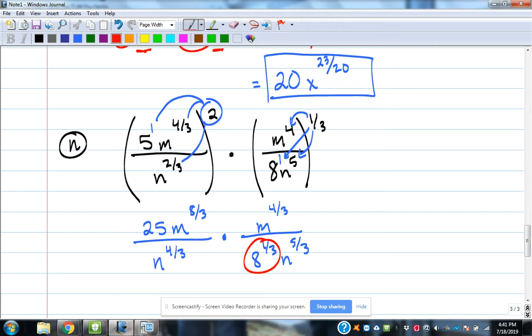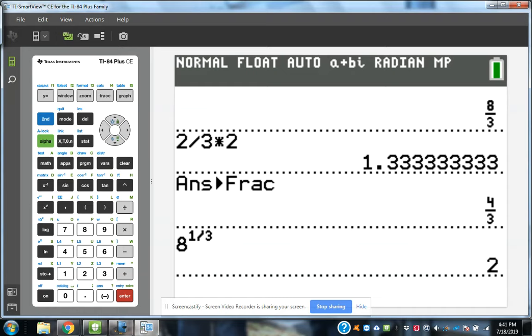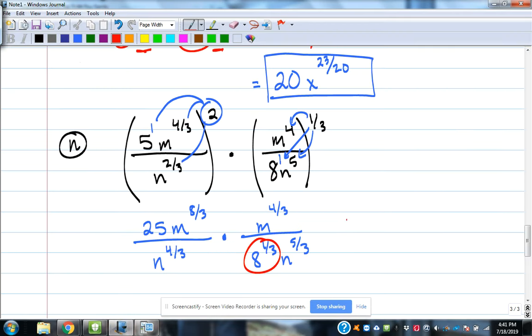But because it's a different number, I need to just go ahead and simplify 8 to the 1/3. I think it works out nice. So I just check it with my calculator, and it does. It works out to be 2, because 8 is 2 to the 3rd power, and the 1/3 cancels out the 3 there.